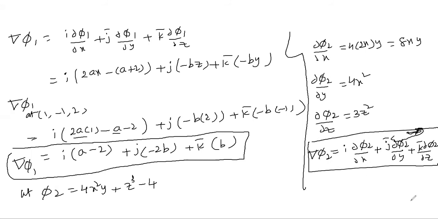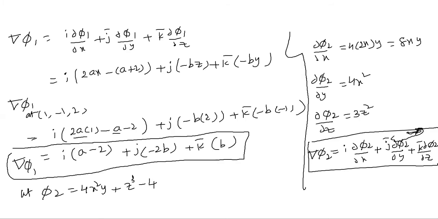So now in the next page, I will substitute that value. Del pi 2 is equal to i into what is dou pi 2 by dou x? Dou pi 2 by dou x is 8xy, plus j into what is dou pi 2 by dou y?